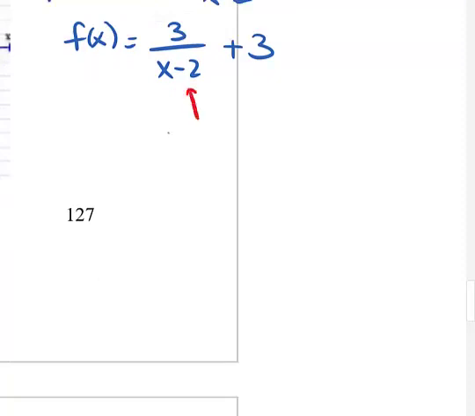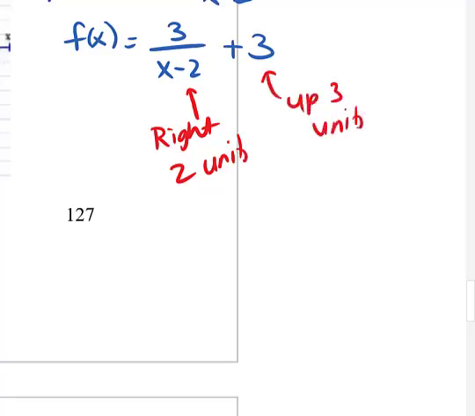So this 2 is going to move it to the right 2 units. This 3 is going to move it up 3 units. And this 3 is supposed to be your vertical stretch or shrink. It's supposed to stretch vertically 3 times.